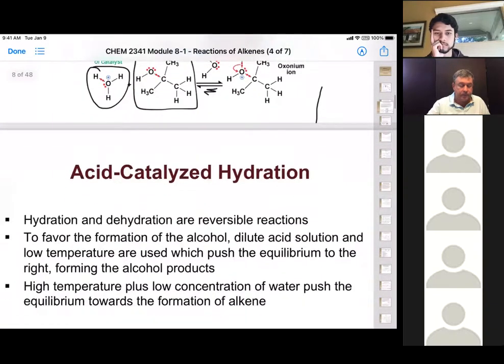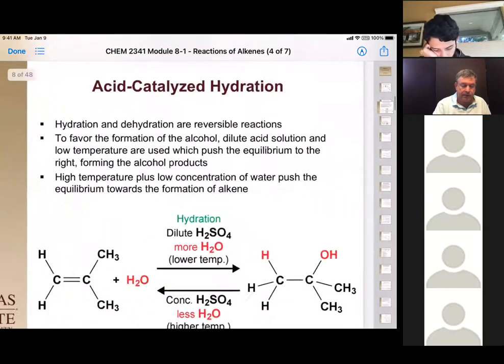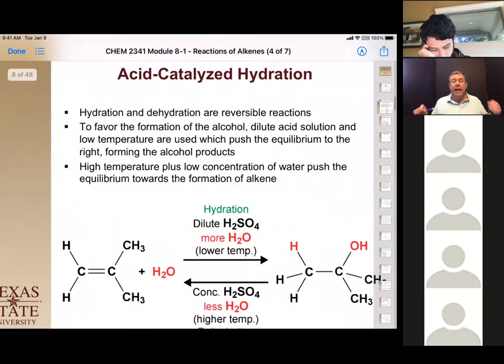All right, so when we do acid catalyzed hydrolysis, hydration here, we have to control which product we want to make, okay? If we want the alkene, what we want to do is somehow remove water and use a higher temperature. By having it at a higher temperature, you're encouraging water to boil out of the reaction. And if you have less water in the reaction, it's going to drive it to the alkene.